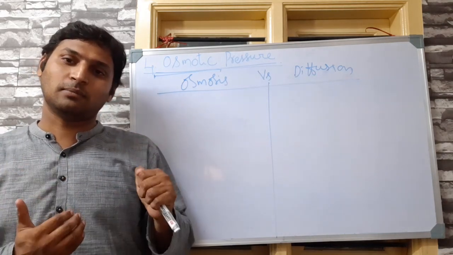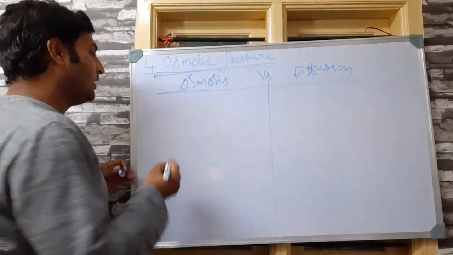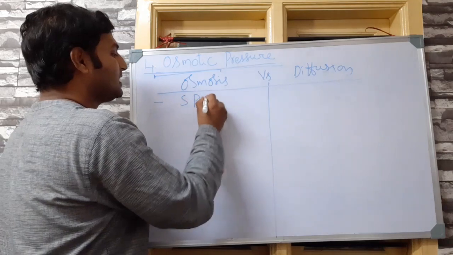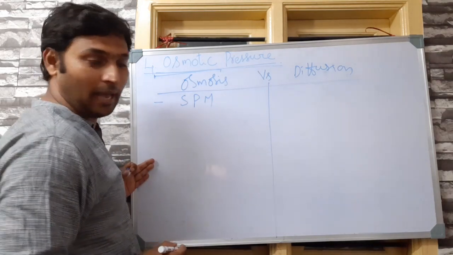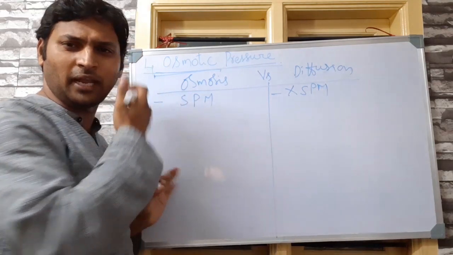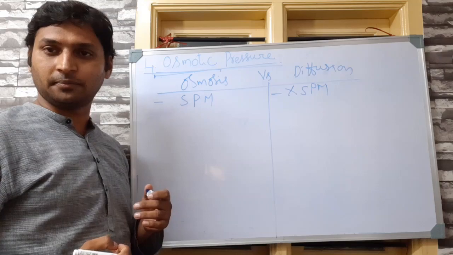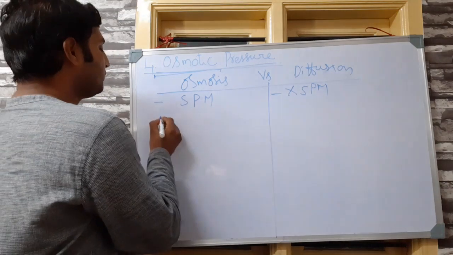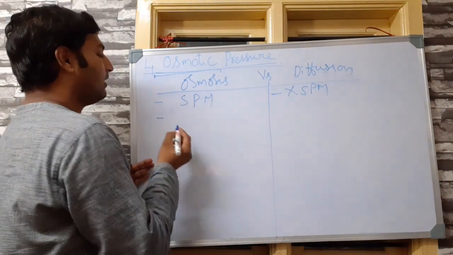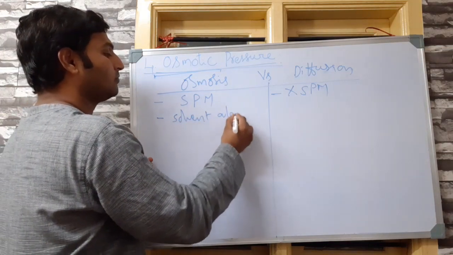Then how is osmosis different from diffusion? Let us understand that. See here, osmosis does need a semi-permeable membrane for it to happen, whereas diffusion doesn't need any semi-permeable membrane. If the liquids just come into contact with each other, they diffuse into each other. Then osmosis is the phenomenon of movement of solvent alone.